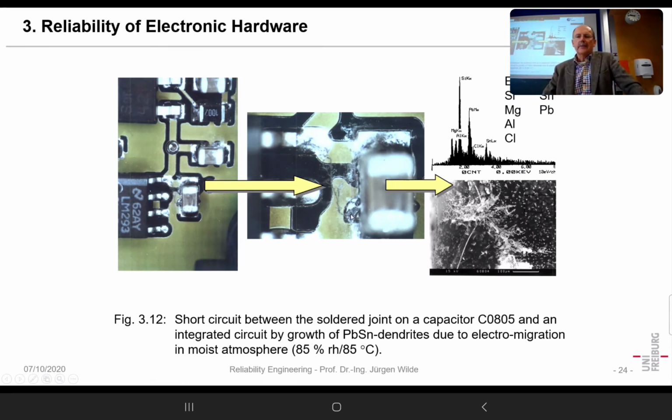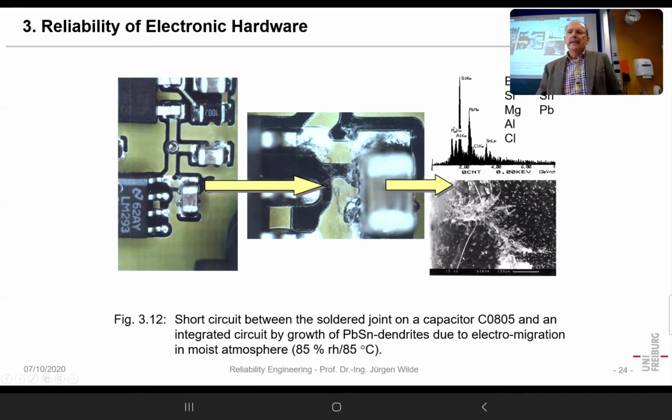And then in an electron microscope, we could also have microanalysis. And then we find the following elements: tin and lead, that's from the solder. We find silicon, that's from the glass fibers of the printed wiring board.